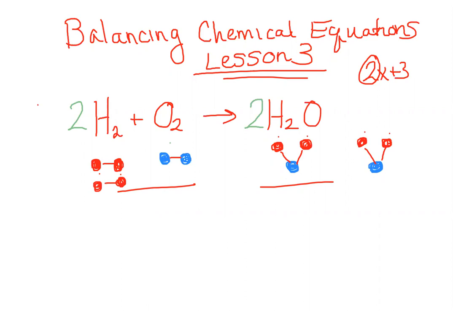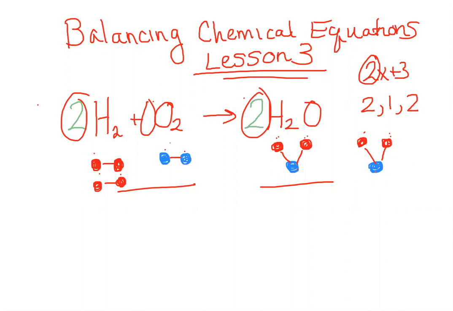You see this? We have 1, 2, 3, 4 hydrogen atoms. 1, 2, 3, 4 hydrogen atoms. We have 1, 2 oxygen, 1, 2 oxygen. Everything is balanced, and our coefficients are the numbers that are out in front here. So here our coefficients would be 2, 1, 2.